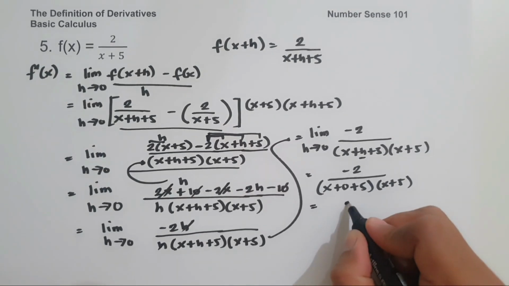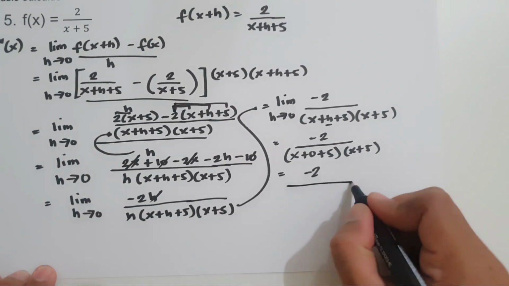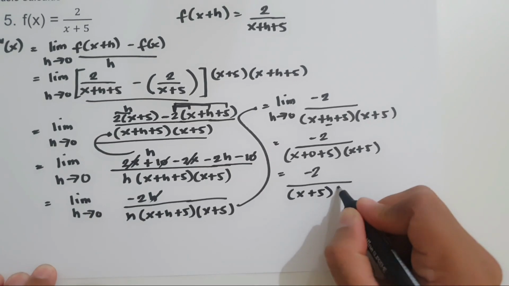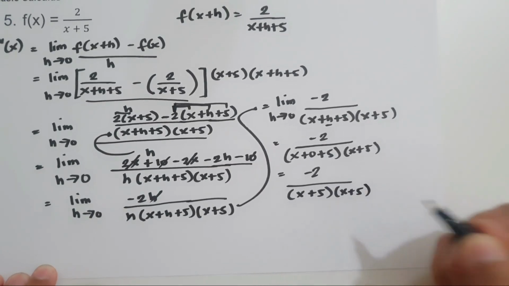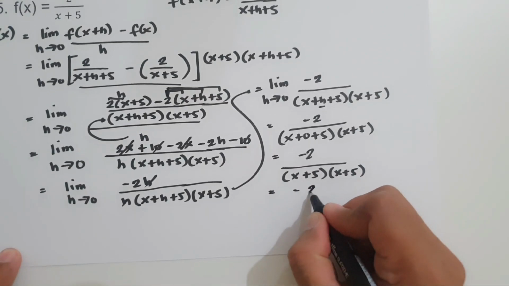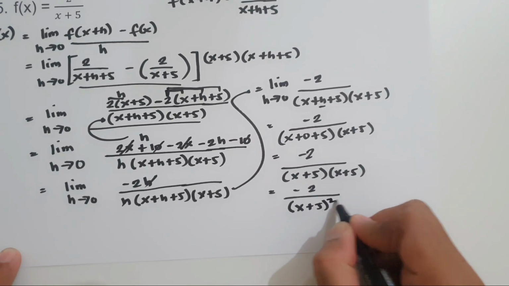So we can have negative 2 over quantity x plus 5 times x plus 5. So to simplify this one, we can have negative 2 over quantity x plus 5 squared.